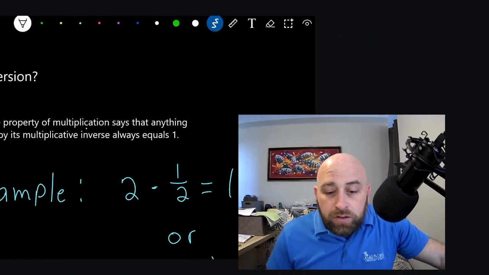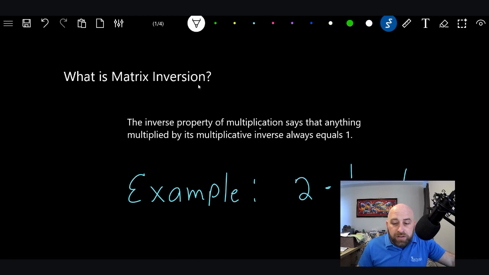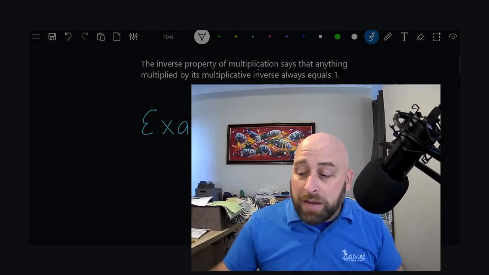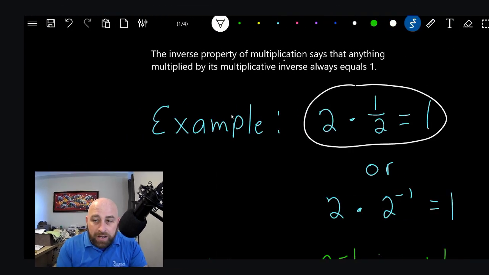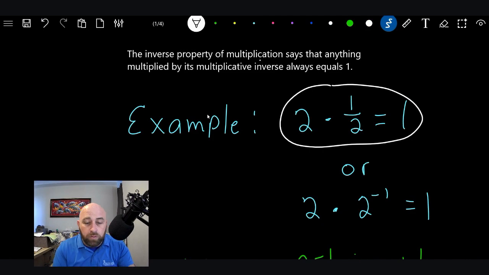The inverse property of multiplication says that anything multiplied by its multiplicative inverse always equals 1. What does that mean? Well, in baby math, we learned that 2 times 1/2 equals 1.